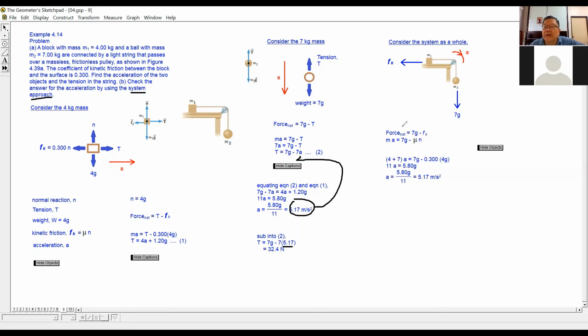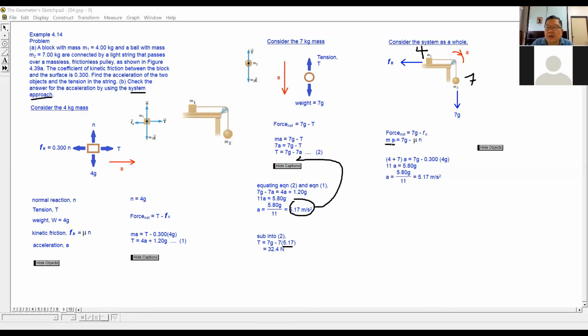Okay. So when we look at the system as a whole, for the mass times acceleration, we cannot say it is the mass of the 7 kilogram, nor the mass of the 4 kilogram. If you are looking at the system as a whole, the mass also you have to take as a whole, which is 7 kilogram plus the 4 kilogram.